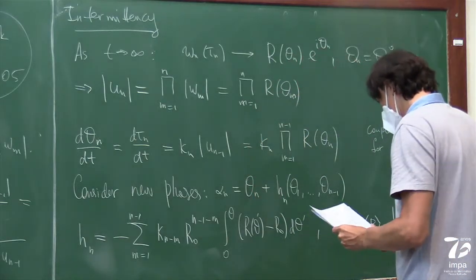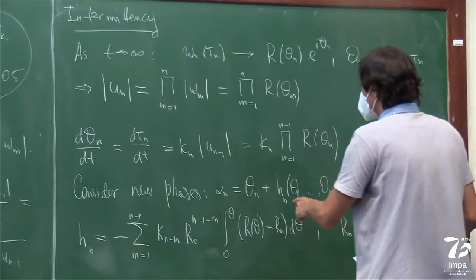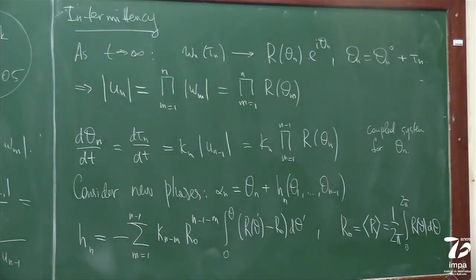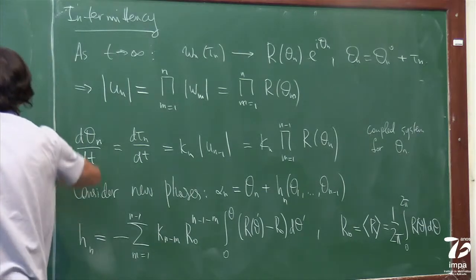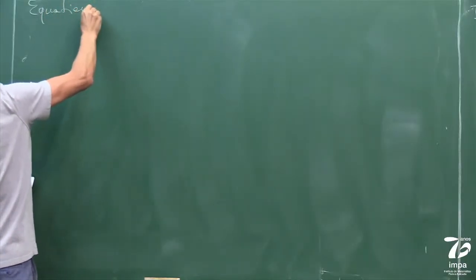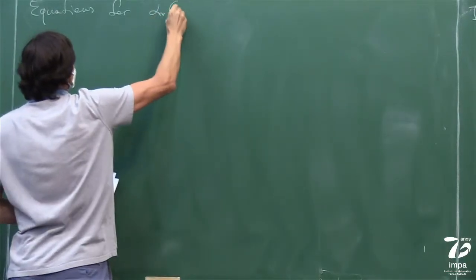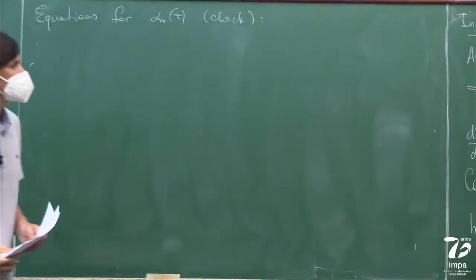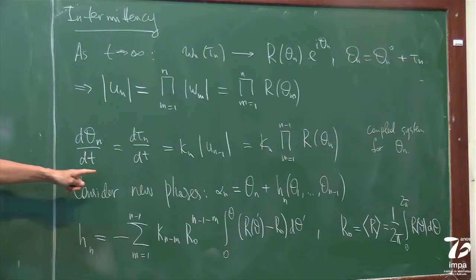And then what you can check is that if you make this transformation and write equations for alpha_n as a function of t, there are more details in the paper, but essentially it's a direct computation.